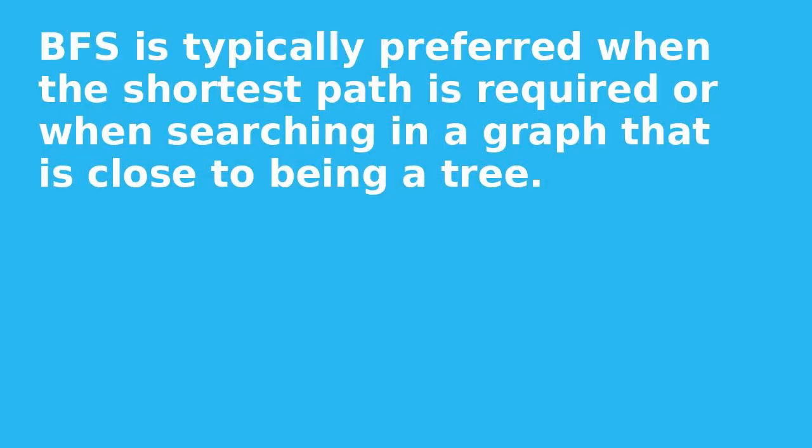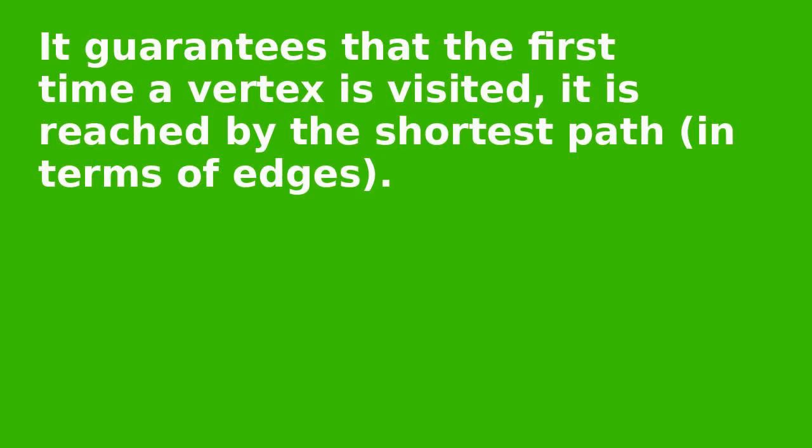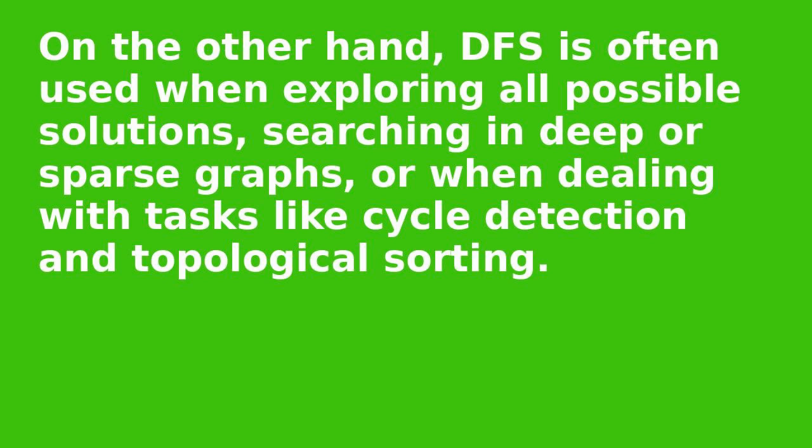BFS is typically preferred when the shortest path is required or when searching in a graph that is close to being a tree. It guarantees that the first time a vertex is visited, it is reached by the shortest path. DFS, on the other hand, is often used when exploring all possible solutions, searching in deep or sparse graphs, or when dealing with tasks like cycle detection and topological sorting.